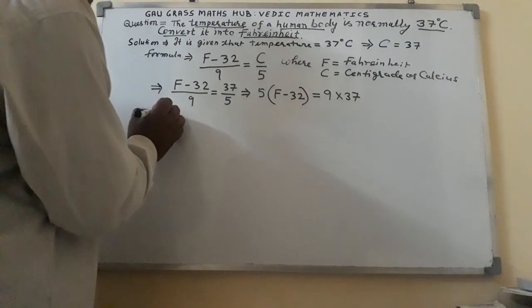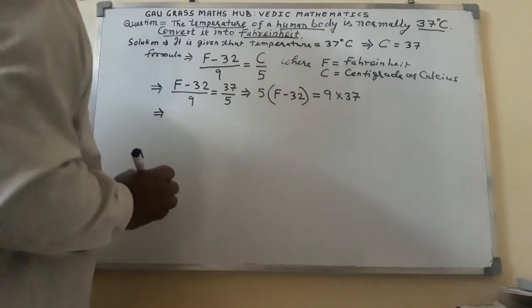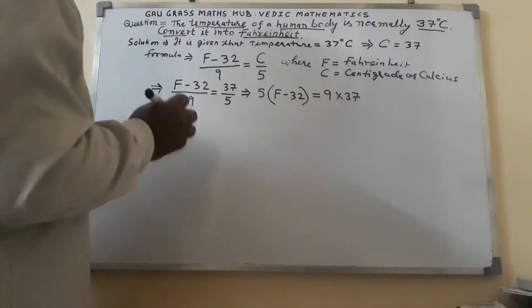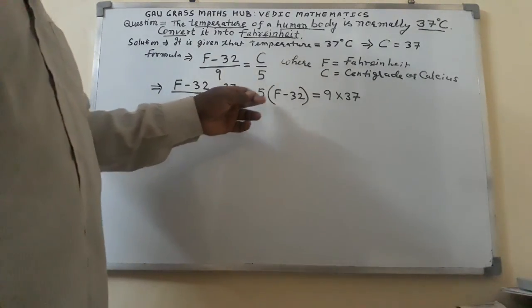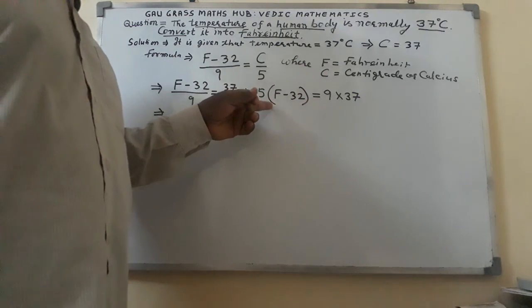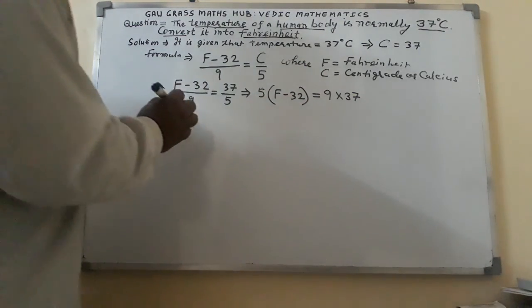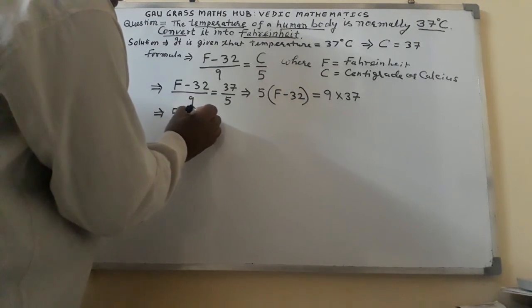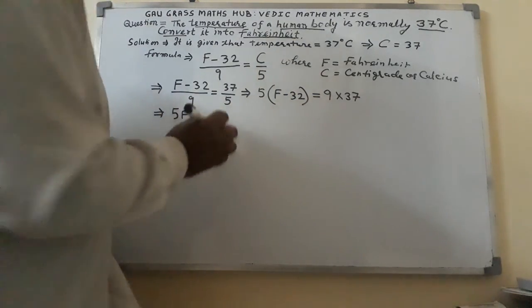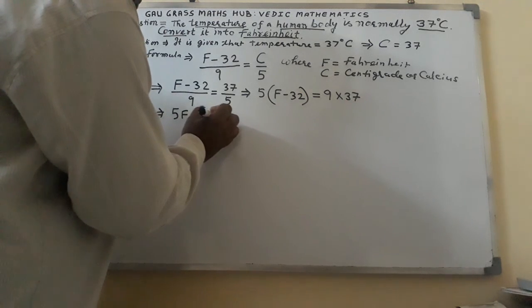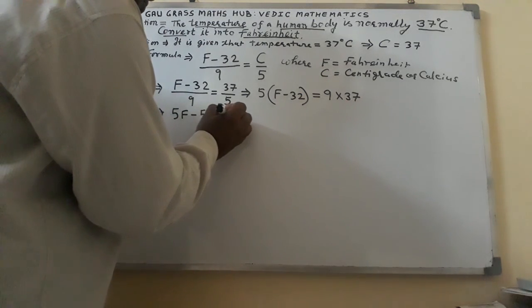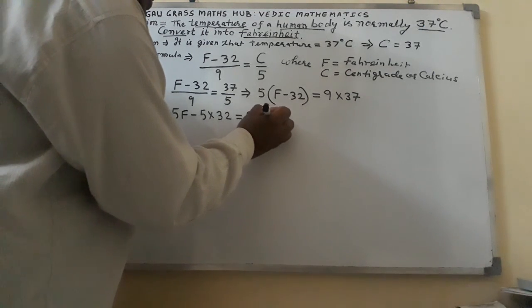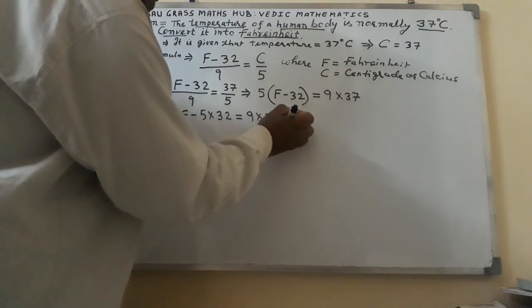Again I shall write, implies that, 5 will go inside, the bracket will be broken. You will get here 5F minus 5 into 32 equal to 9 into 37. Just simplify this one.